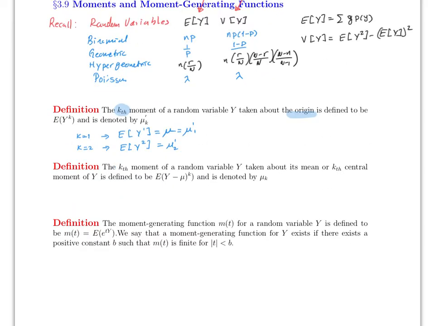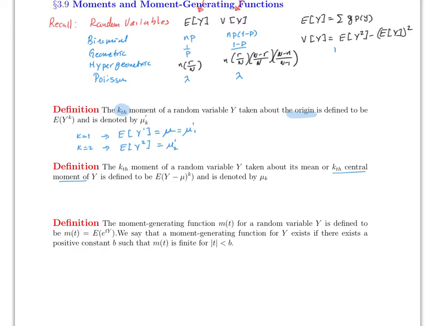Now let's go to the next definition. This is a little more general. The kth moment of a random variable taken about its mean. So now we are going through the mean instead of the origin, or it's also called the kth central moment of y, and is defined by this. And technically, we did this definition before.